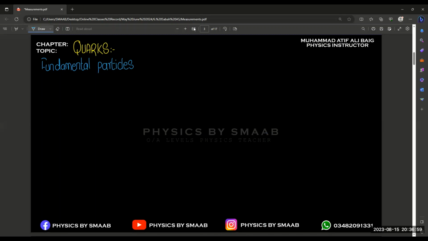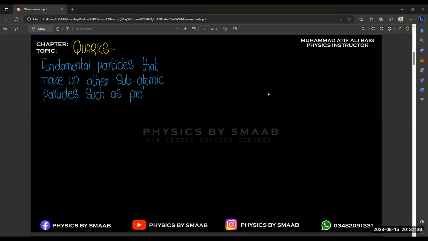These are also the fundamental particles that make up subatomic particles, just like the neutrino, such as protons and neutrons.